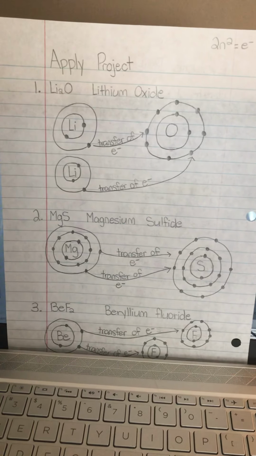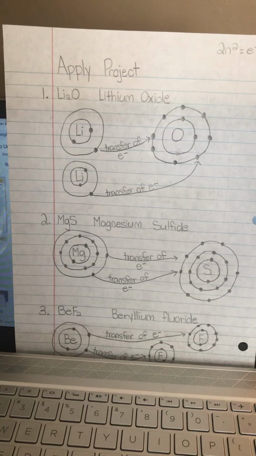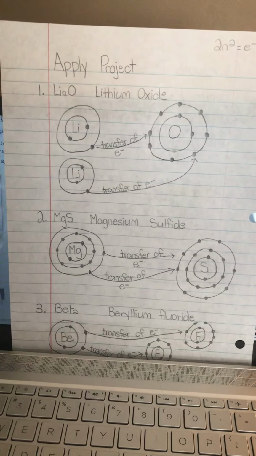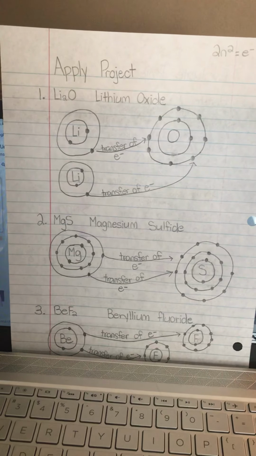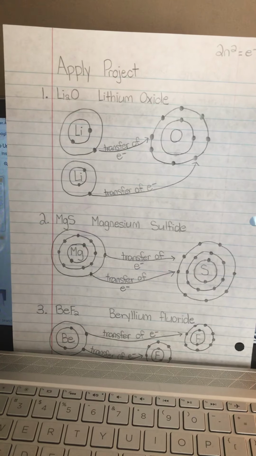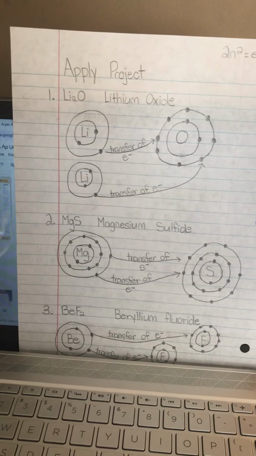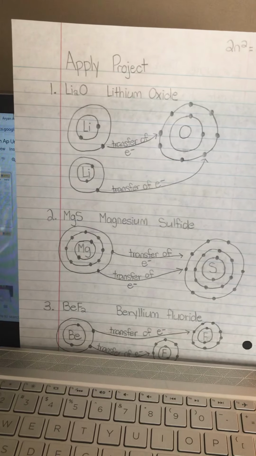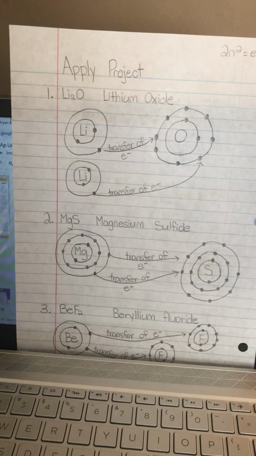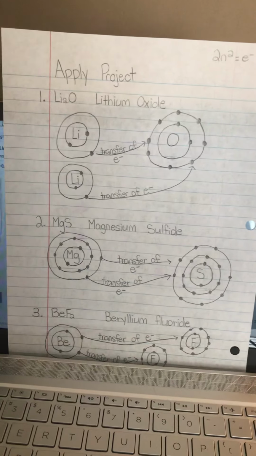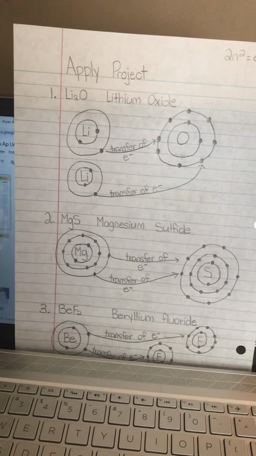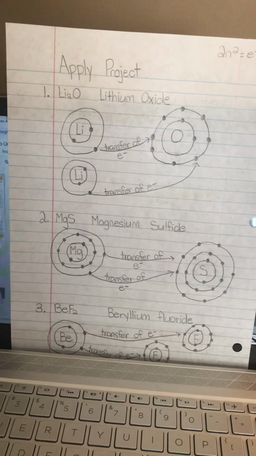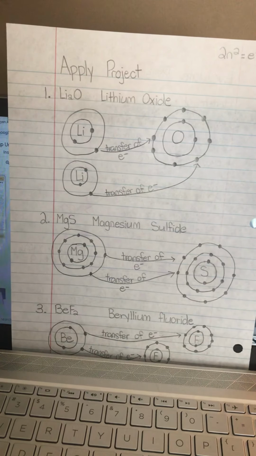For example 3, we got beryllium fluoride with 1 beryllium atom and 2 fluorine atoms. Beryllium has 2 electrons on its outer shell, and fluorine has 7 on its outer shell. Beryllium will want to transfer its 2 electrons, 1 to each fluorine atom, so that fluorine has 8 on its outer shell for each of them, and beryllium loses the shell altogether.